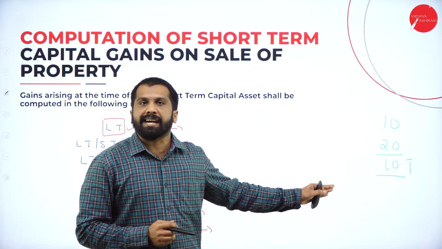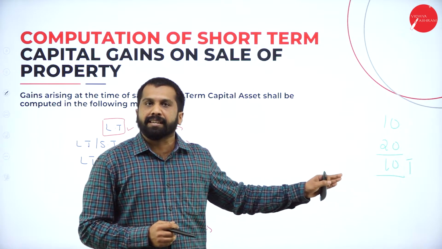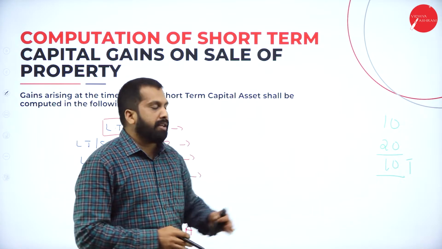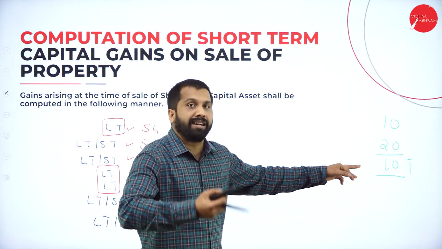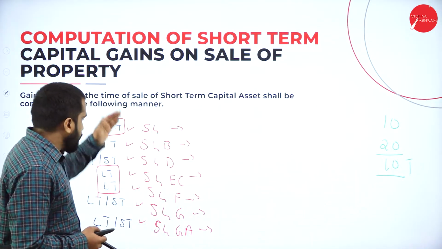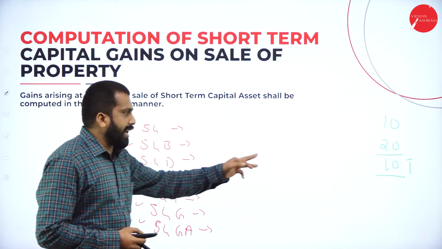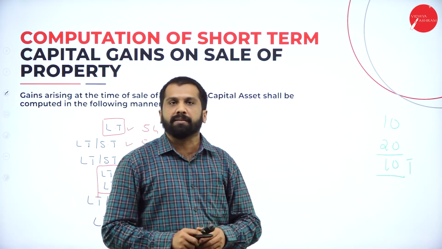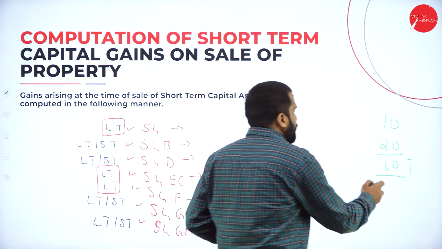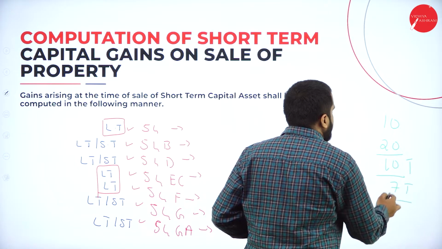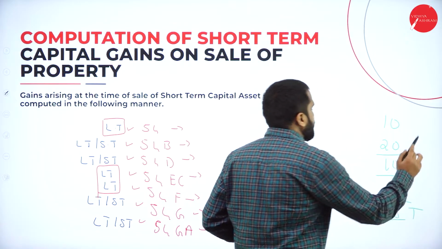How can you pay tax? For those reasons, the government has given permission. If you invest in another house, then you can claim this kind of section or deduction, so your tax will be zero. Now, out of 10 lakh, if you have invested only 7 lakh, then only 3 lakh is taxable.